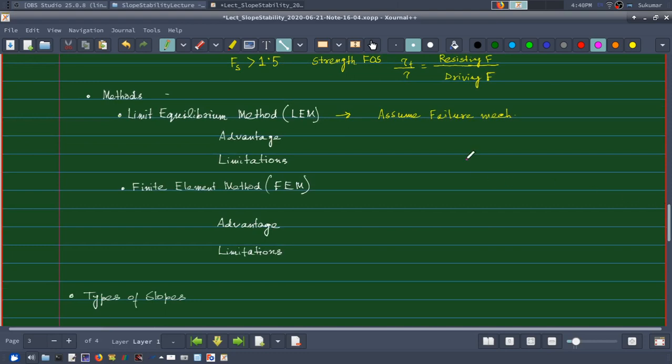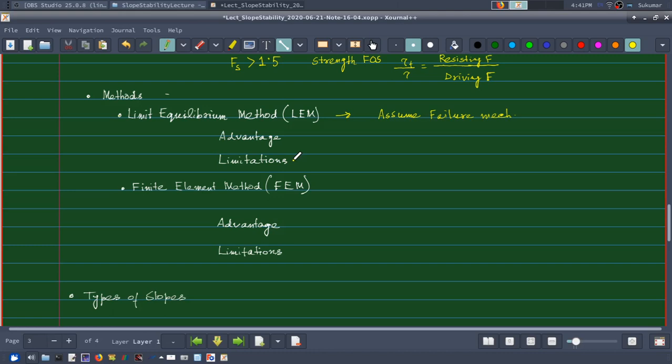But the advantage is that once you know the method and can determine the driving forces and resisting forces acting on the potential failure surface, you can easily do the analysis. There are many methods under this category of limit equilibrium method. We will not study all of them right now.